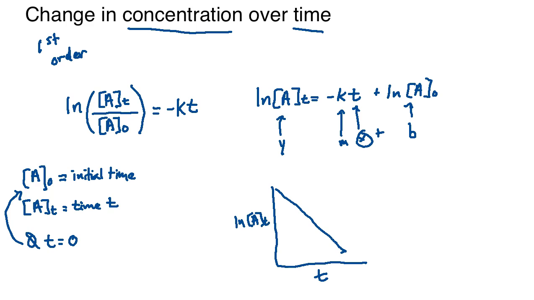So we can find the concentration of a given reactant A at any time t if I can relate this through an equation. So where are the other pieces here? This part right at the start here, that is the ln of A at initial time, right? So if you were to look and say, here is time, well, at the initial time, whatever it might be, it doesn't have to be 0, but we can say at time 0, that's the concentration at time 0.